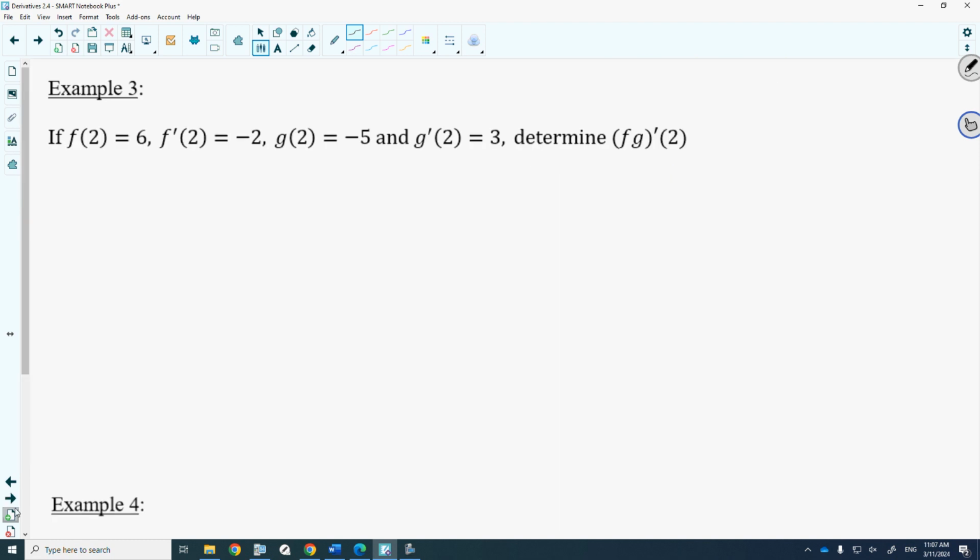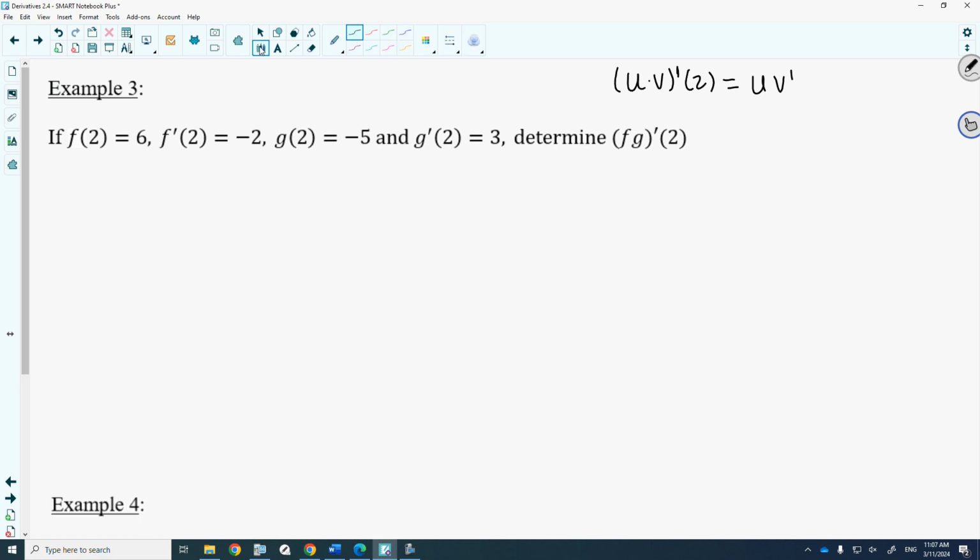All right, this is a really good exam style question. So what we're evaluating is f times g, so the derivative of f times g at 2. So remember that normally what it is if this was u times v at 2, it's uv prime plus vu prime, right?